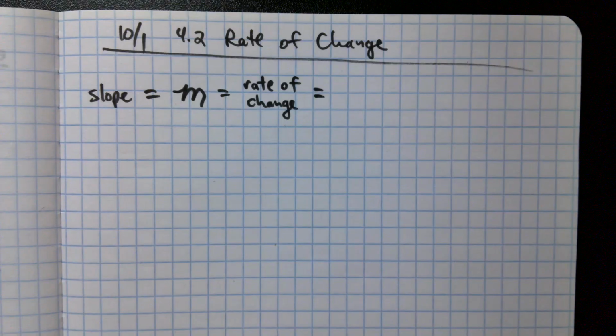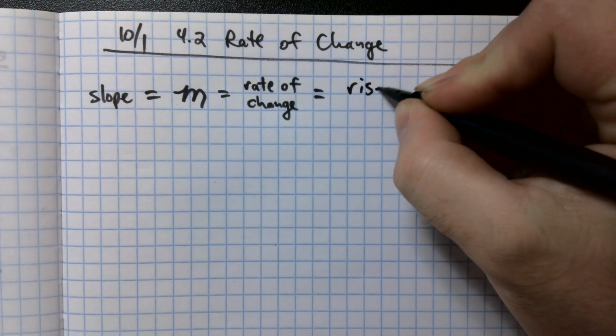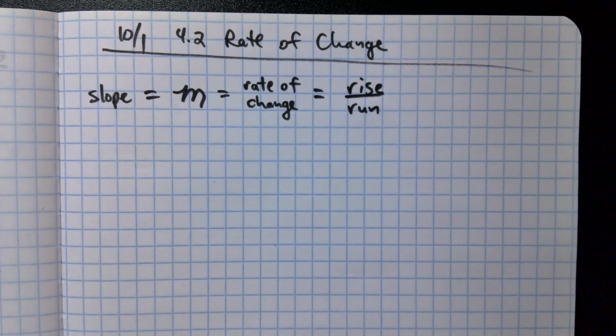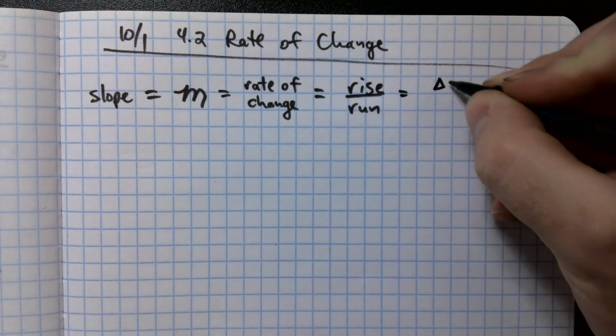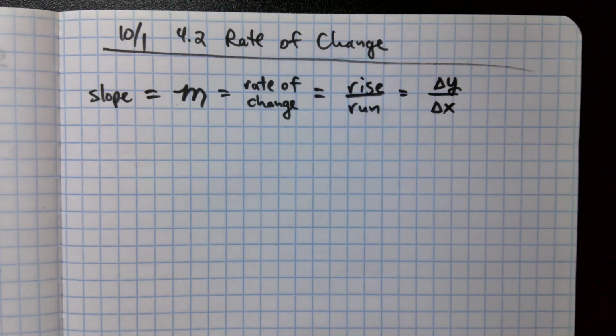Another way that we could represent this is with the fraction rise over run. Same thing. We could also say delta y over delta x, delta being the Greek letter D, looks like a little triangle.